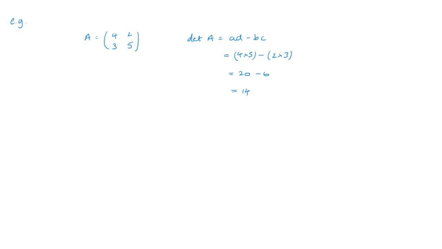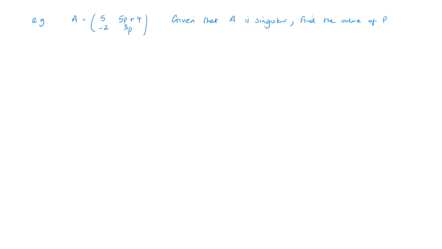You might be given the value of the determinant and then use that to find the unknown, or to find it in terms of A, B, X, Y, P, Q, etc. So let's have a look at one of those. So here is my question. You can see this time I've got it in terms of P. Given that A is singular, find the value of P.